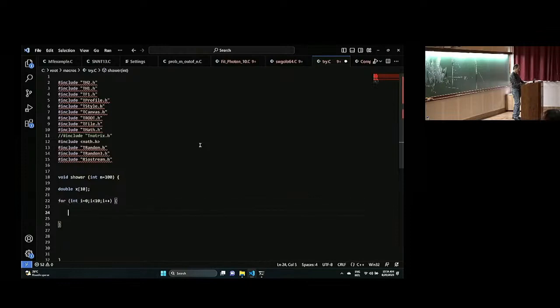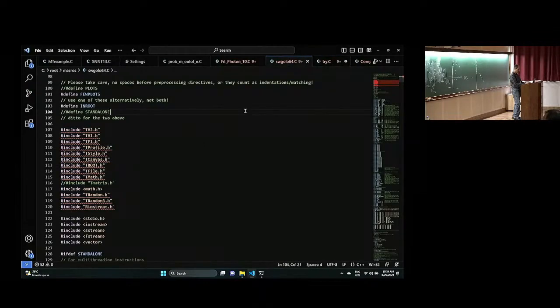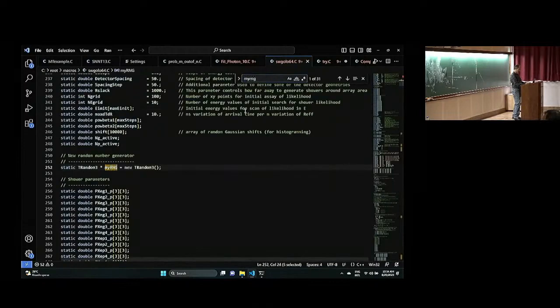So we can say that the position x of i is... I need to define a random number generator here, like this.